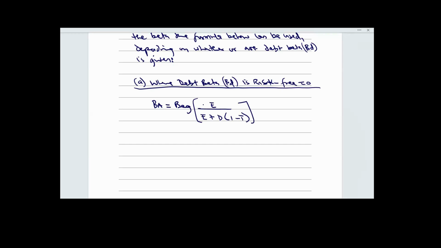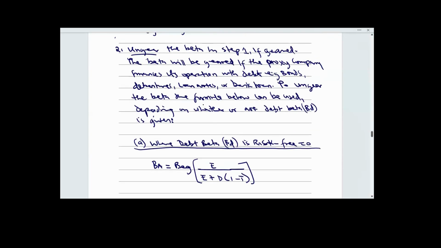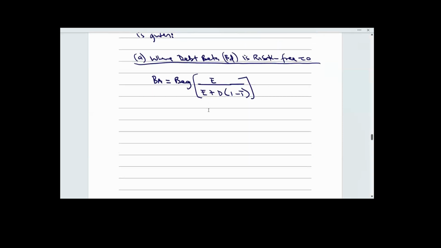This is the formula you are supposed to use to ungear where debt beta is risk-free. E is equity value, D is debt value, T is company tax rate. Of course, this represents the tax rate of the proxy company. All right.